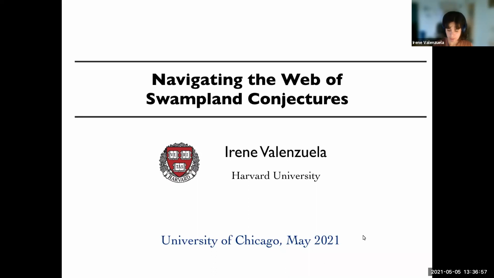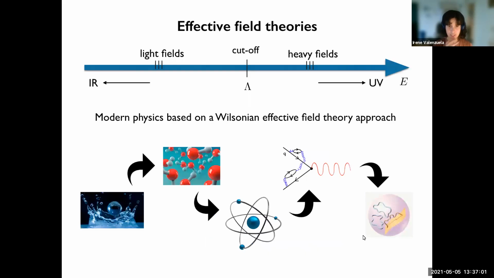Okay, so I'm gonna start very basic, so that we can all be on the same page. So let me just start with a very broad introduction by saying that I guess you all agree with me that effective field theories have been very useful so far in physics.